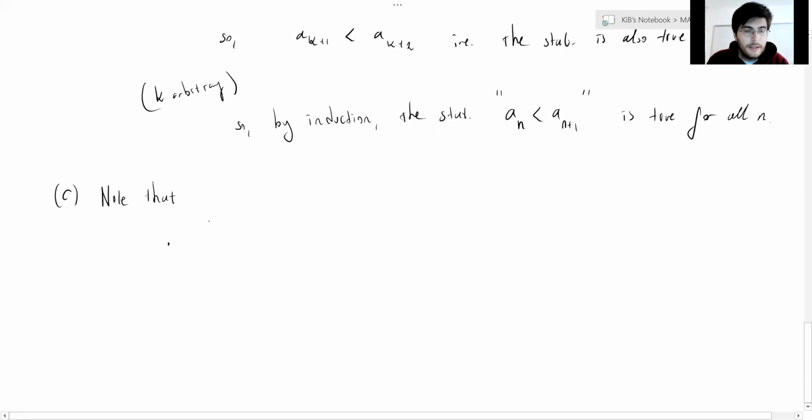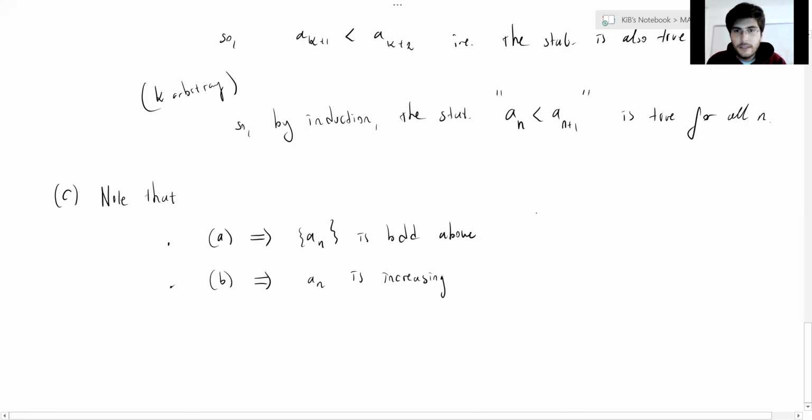We just note that part A implies that a_n is bounded above. What we prove in part B implies that a_n is increasing.